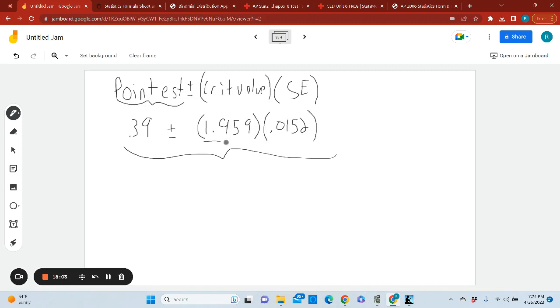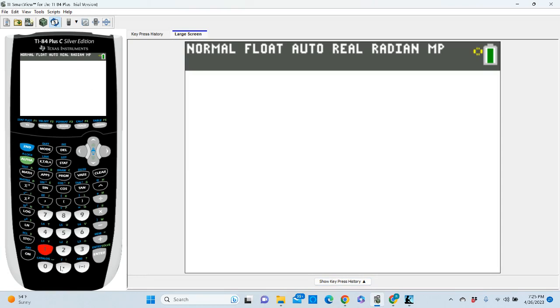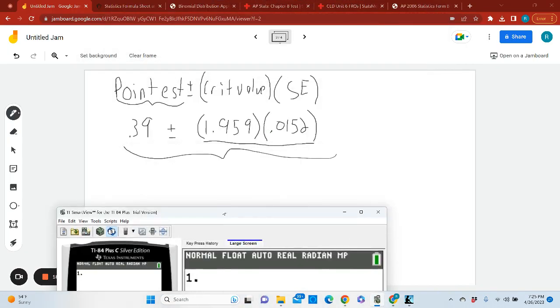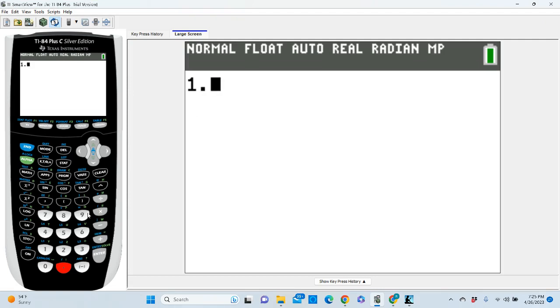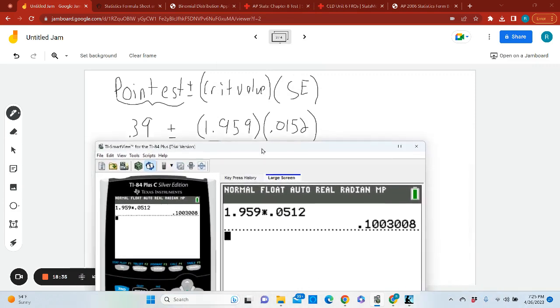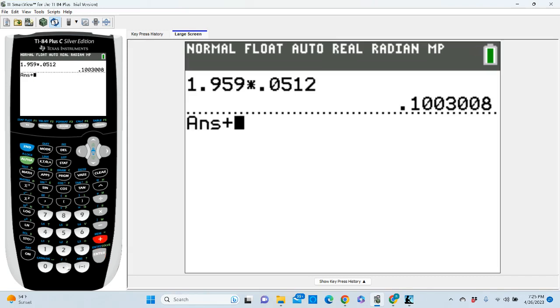So let's figure out what my margin of error is going to be. 1.959 times 0.0152. I mean 0.0152 times 1.959. 1.959 times 0.0512. Here's my margin of error. Okay. And now I need to add this to 0.39, and that will give me my upper boundary of my interval.